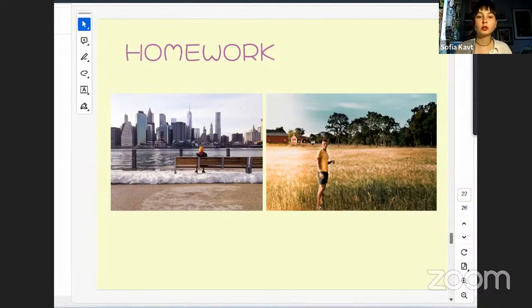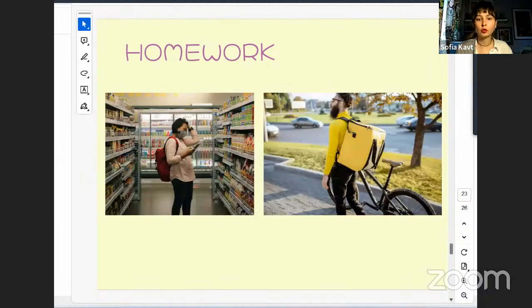Absolutely. So here, the topic of the project is something like places to live, and we are comparing city life versus life in the countryside. Yes, urban life versus rural life. The fourth pair of pictures.